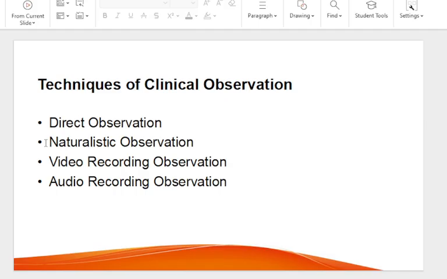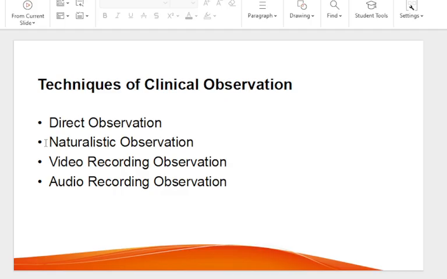You could also use this form of observation to determine psychomotor characteristics, hand tremors, muscle twitching, and other forms of overt behavior that signify underlying psychological disturbances.